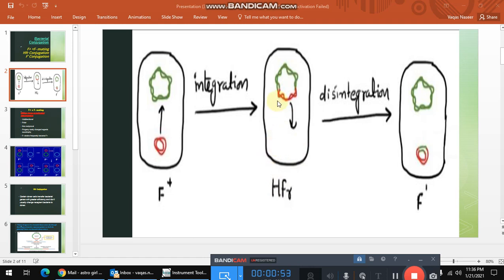When this fertility factor detaches from the chromosome, in this detachment it also takes some of the bacterial chromosome markers with itself. Now at this stage, when the bacteria possesses its chromosome as well as the fertility factor integrated with some of the chromosomal markers, it is termed as F prime. F minus bacterial cells are those cells which do not possess the fertility factor. So friends, these four types of cells are involved in this process.